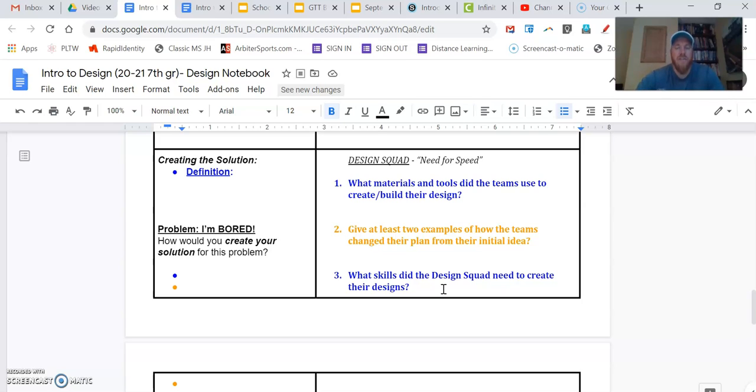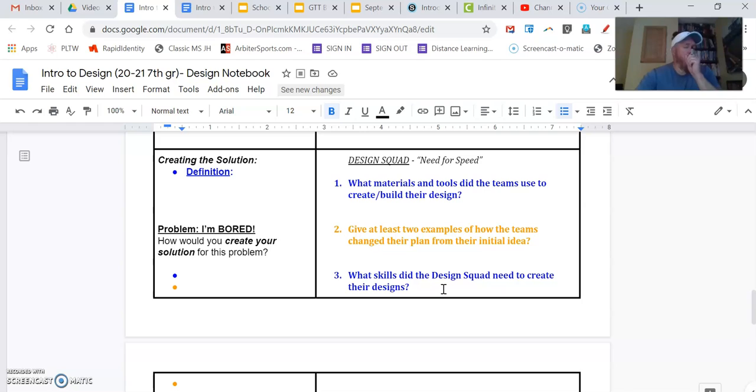Being able to do carpentry work, being able to work with wooden products, that's a skill. I'm not saying that the Design Squad used those skills, just giving you some examples of skills that you could type down if they needed those things to build their design.